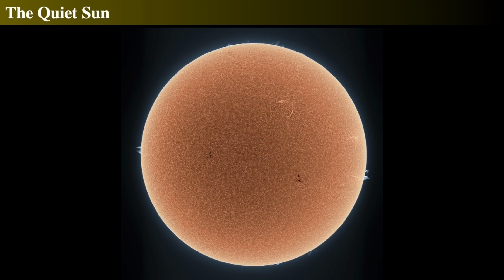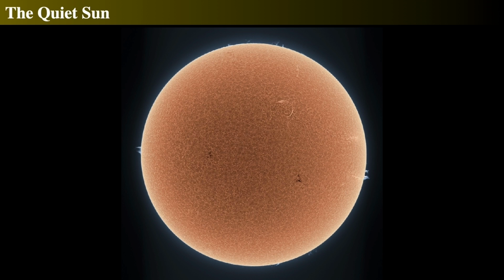So occasionally we don't see these things. This is a view of the quiet sun when there's no sunspot activity and no prominences and everything like that. And this is looking at the sun in visible light. So we see it in light at a specific wavelength of 6562.8 angstroms, which is in the red region of the spectrum.